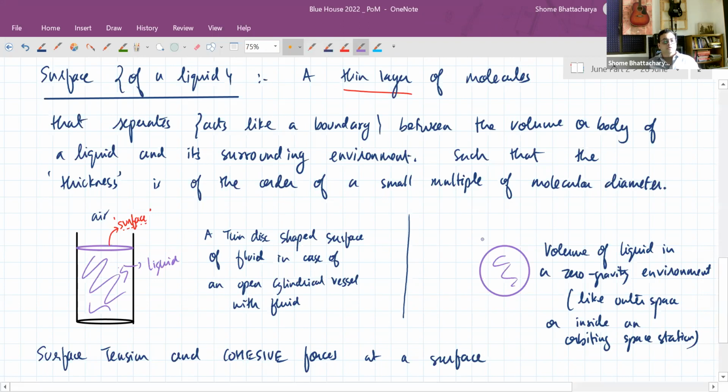So this volume of liquid always takes a spherical shape. In zero G environment, it takes a spherical shape.